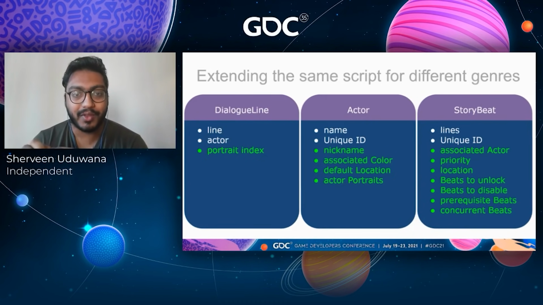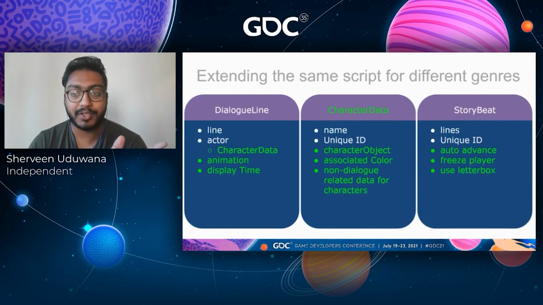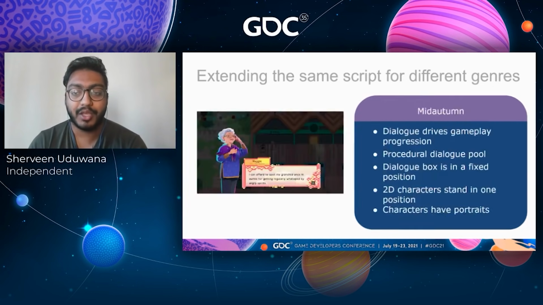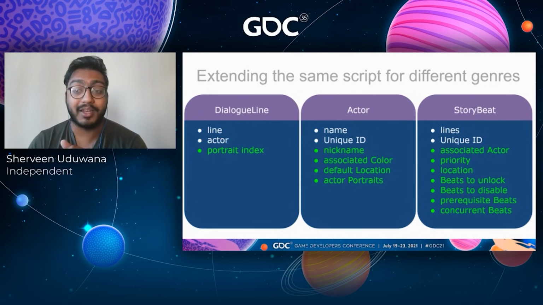So if you look at how this has changed, you'll see that in comparison to Blackcurrant, which had most of the changes in that actor character data script to account for the 3D characters, you don't need to do that for Midautumn, but I needed to add a ton of stuff to the Storybeat class. And I will go through that. So the dialogue line hasn't changed much.